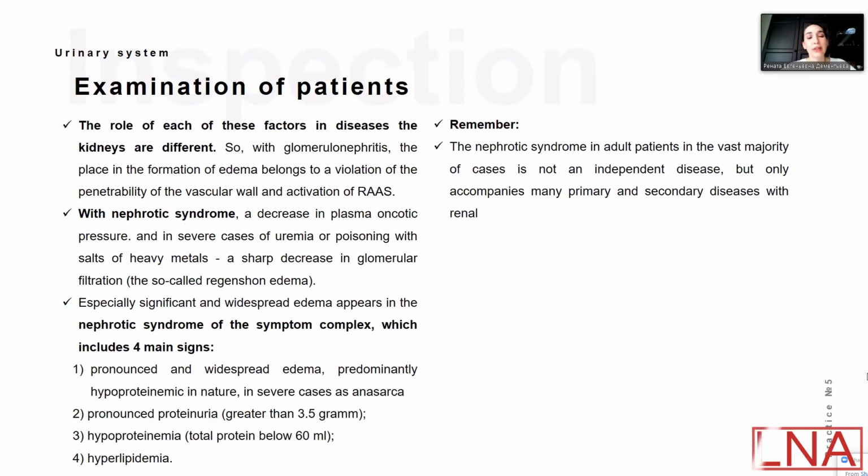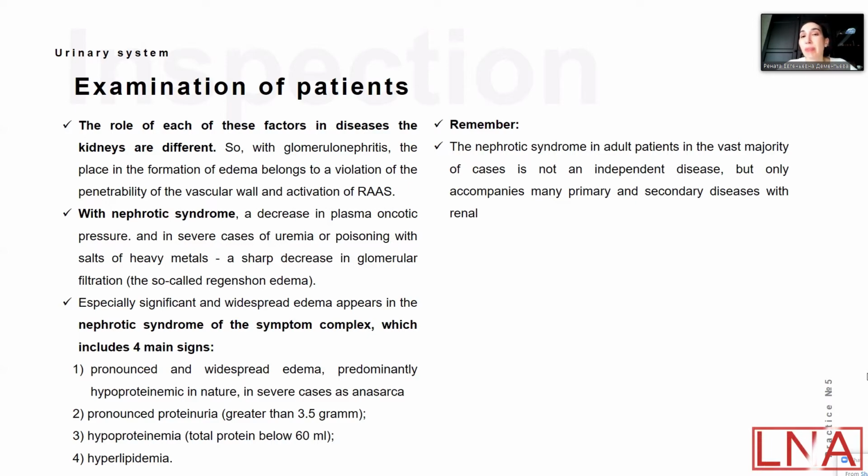Hypoproteinemia, with total protein less than 60 and albumin fraction less than 25 by biochemical analysis, and hyperlipidemia, like a compensatory mechanism from the liver. So: edema, proteinuria more than 3.5, hypoproteinemia, hypoalbuminemia, and dyslipidemia or hyperlipidemia.